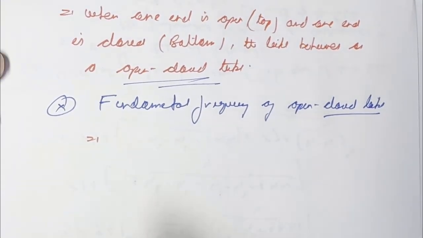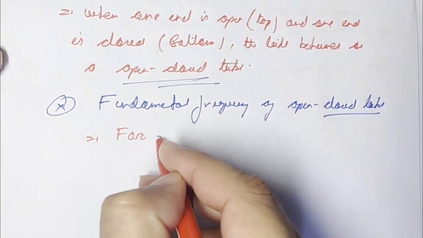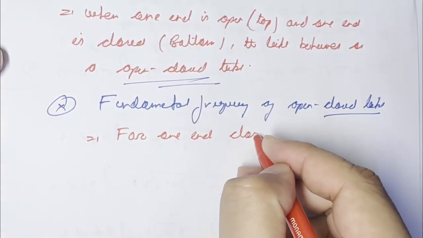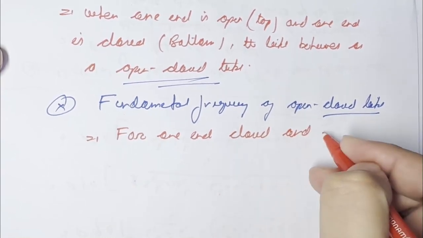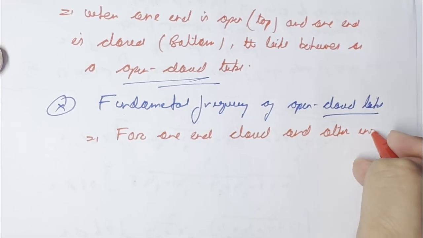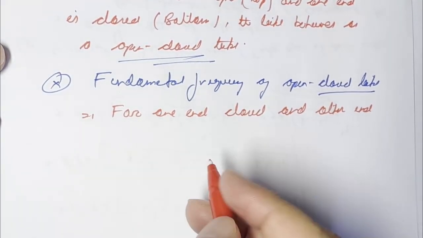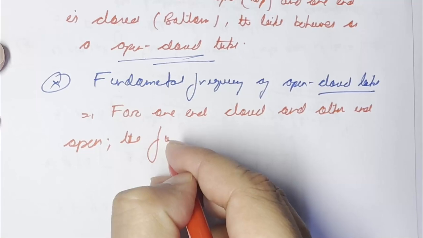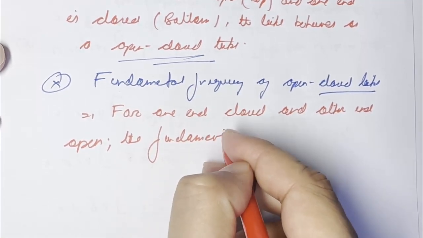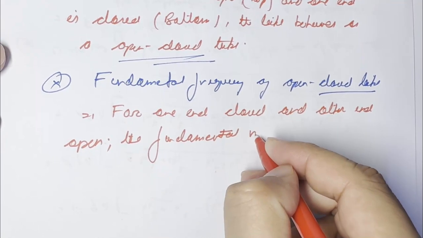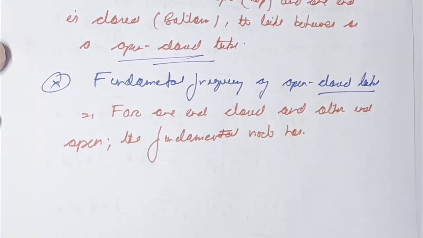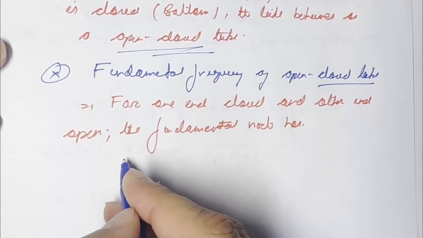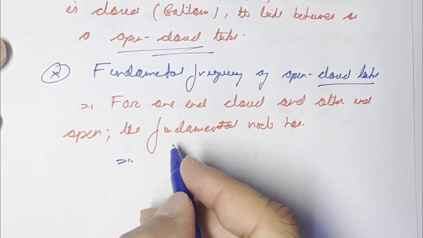So for one end closed and the other end open, the fundamental mode has a node at the closed end.